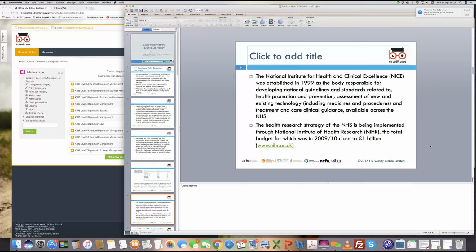And the third bit, so you have the Health Act of 2009, you have the NICE, and the third bit that we look at is something the NHS also developed, called the National Institute of Health Research. Now, this particular body has an independent budget from the government, and it does research, collecting information and developing policies and procedures for areas for which there could be requirements in the future.